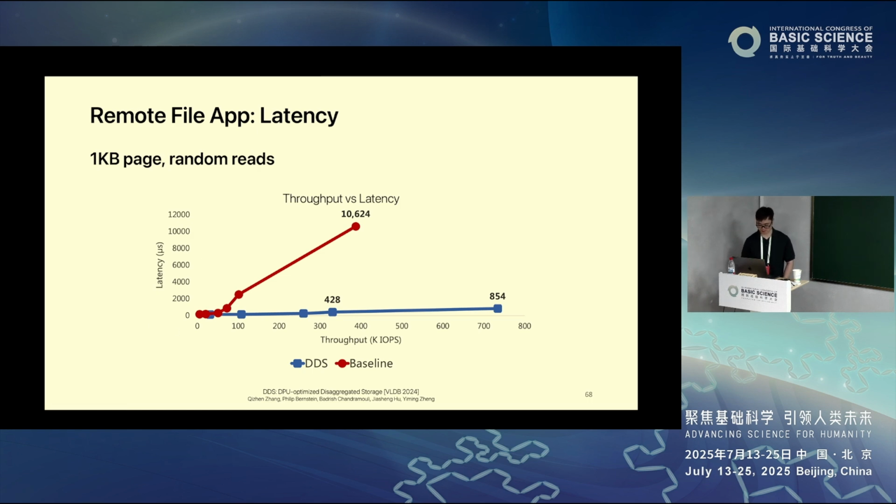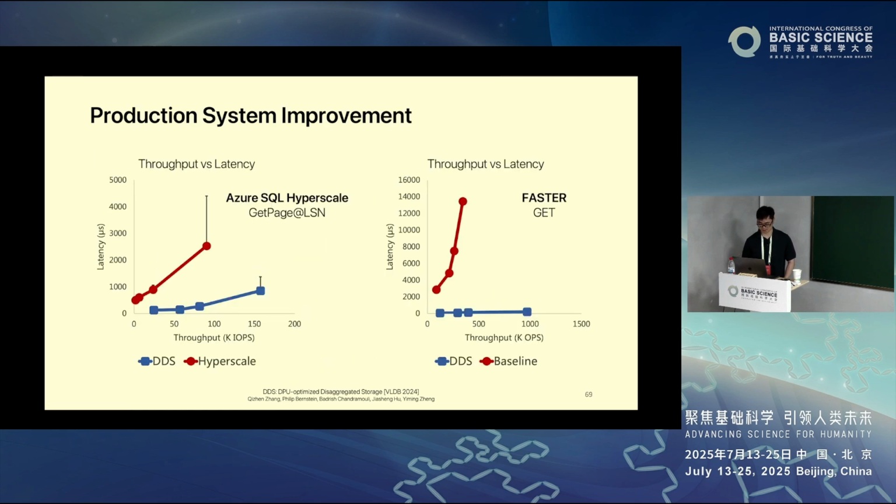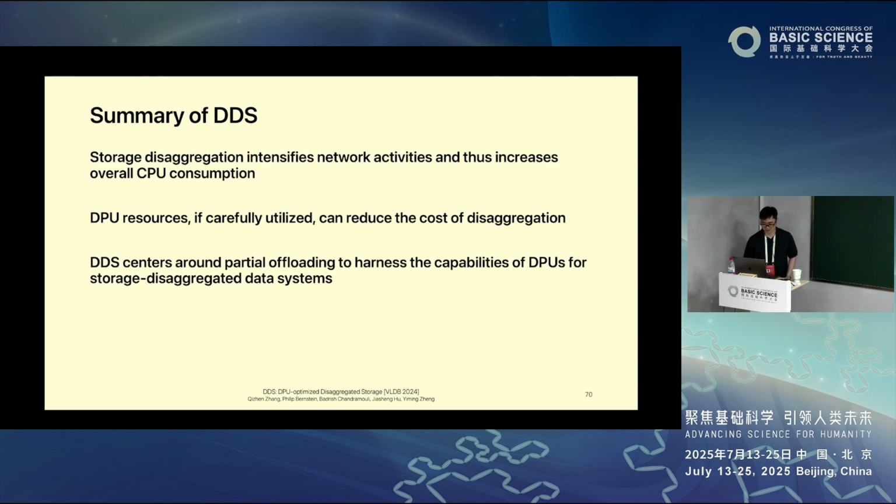The red line shows the baseline, and the blue line shows DDS. Basically, we can achieve much higher throughput with much lower latency than the baseline. So DDS can lower latency as well. These results generalize to other applications as well.